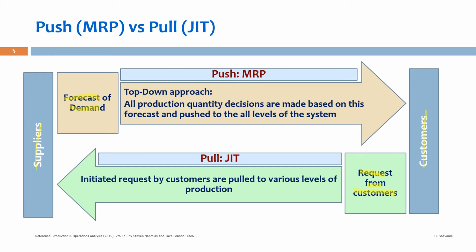So sales and marketing department will place order for production based on the customer's request, and then the production department will produce the items based on the request of marketing department. Then the supply department will supply material and parts from suppliers based on the request of the production department. So because of that, this is called pull system or just in time.